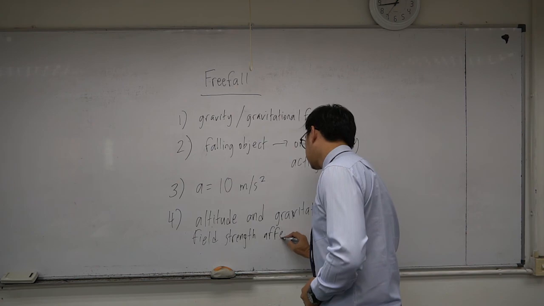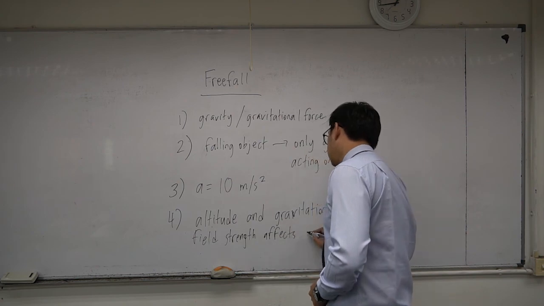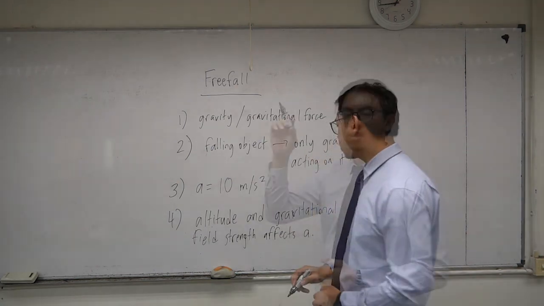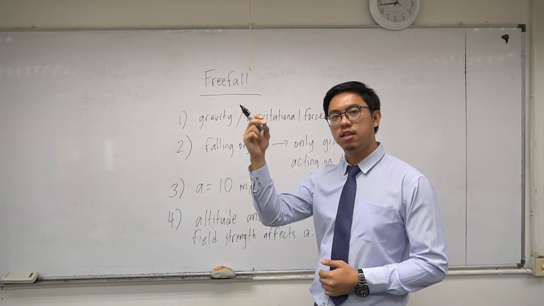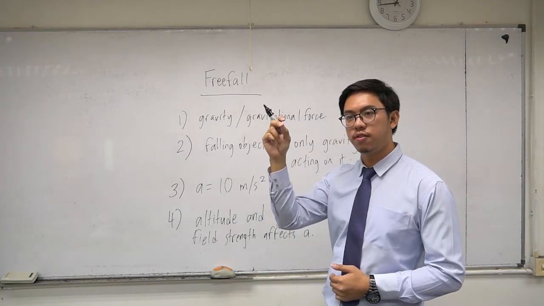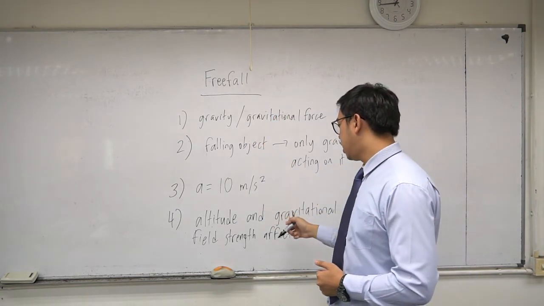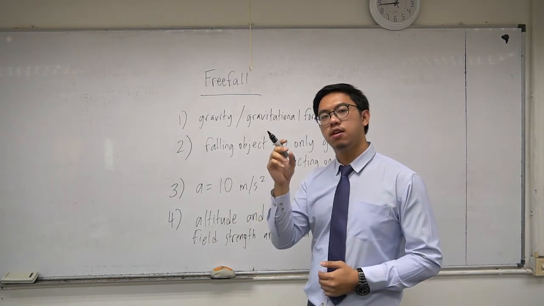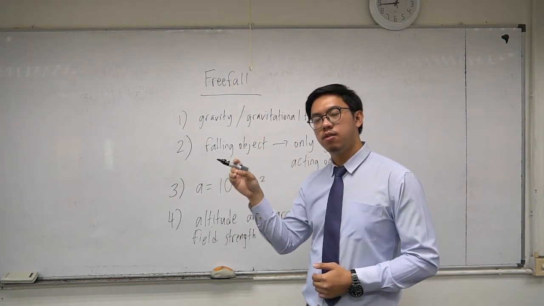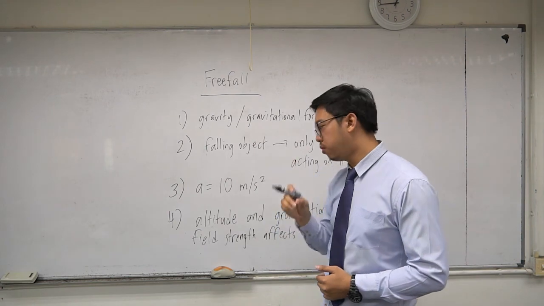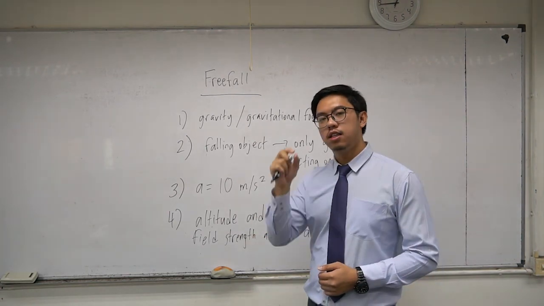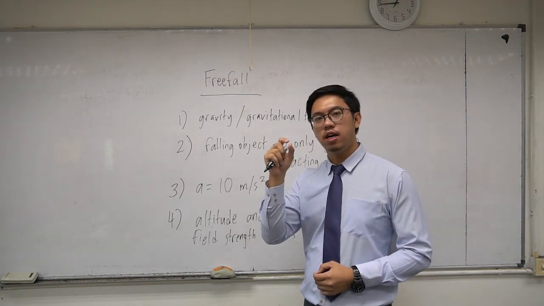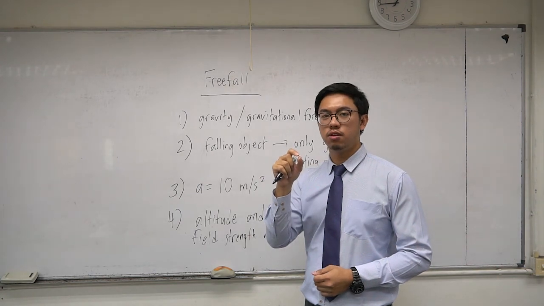The higher the object, the smaller the acceleration due to gravity of the object. And if you drop the object on a different planet with a weaker gravitational field strength, then the object will fall with a smaller acceleration due to gravity.